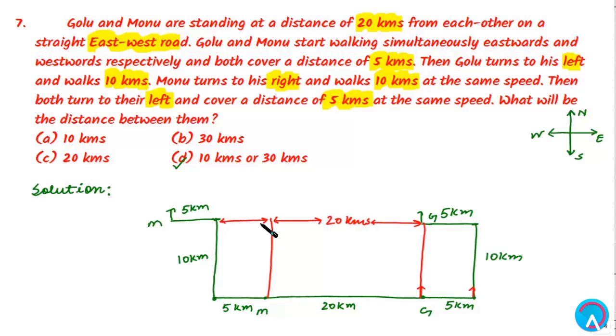This is 5 kilometers and this distance is also 5 kilometers. Now the final distance between the position of Golu and Monu will be 20 plus 5 plus 5. That will be 30 kilometers in this case. So in the first case we had got 10 and in the second case we are getting 30. So D is the correct option.